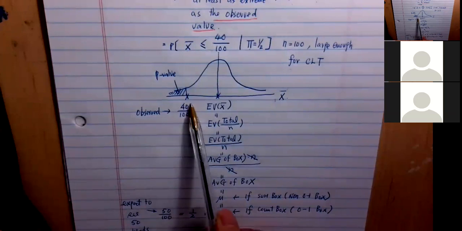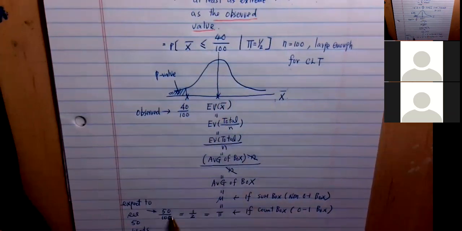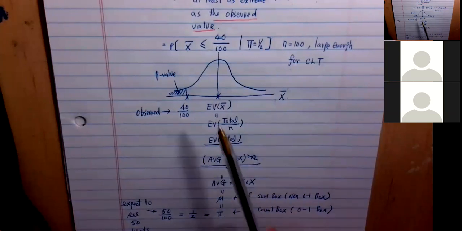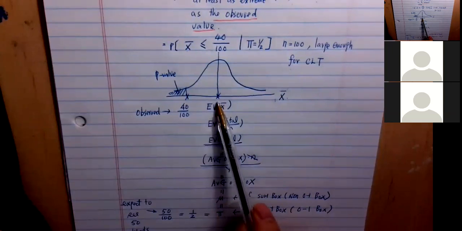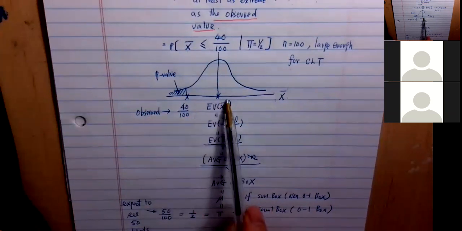But if you see 40 or even less, it deviates from what you expect to see. Like your boyfriend always says he loves you, but he's always busy watching the other beautiful girl on the street. That's kind of extreme. The same idea here.